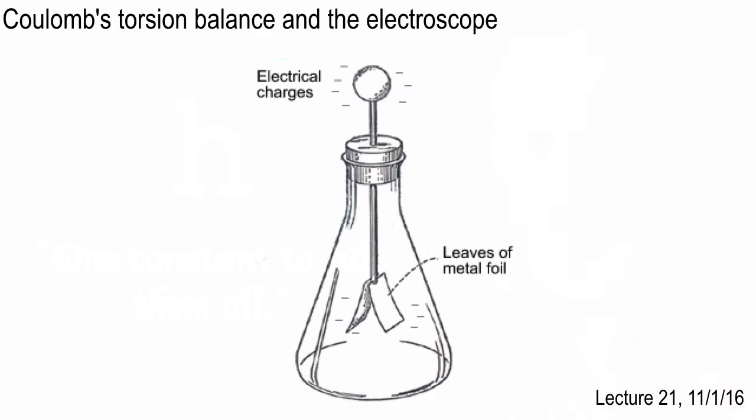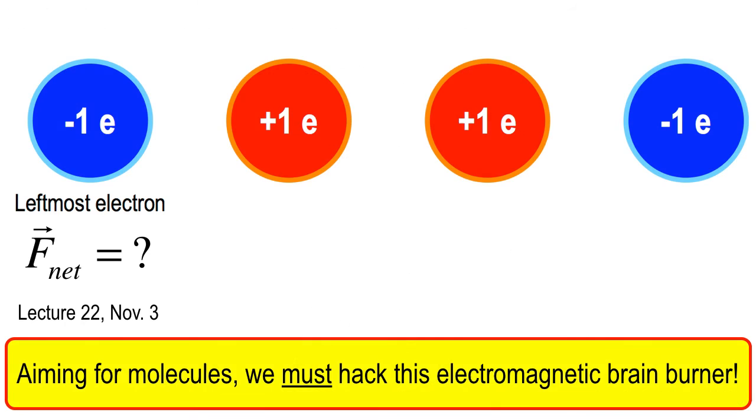Let's keep going. We talked about electrical charge, this mysterious interaction similar to gravitation, but can be attractive or repulsive. We talked about Coulomb's torsion balance, the electroscope, and then this problem and problems like this. The linear charge array, the brain burner from another planet, in which we typically choose the leftmost or the rightmost particle and figure out the net force, given some kind of an interaction force between them.